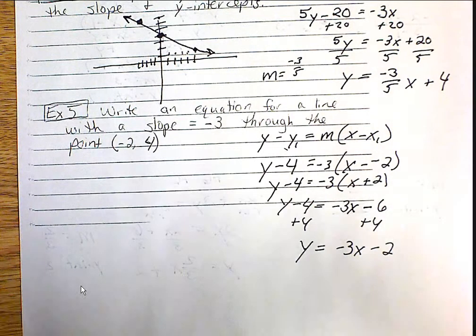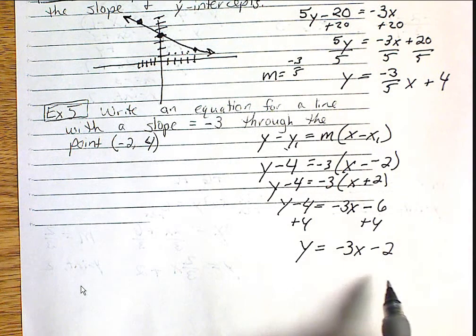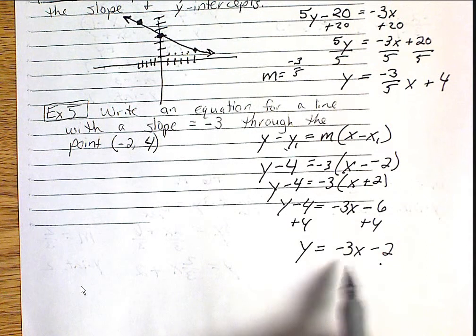Huh? What did you do? No, you did y equals negative 3x plus b. The x and y, and then you got b, and then you'll put it back in here. Yep, you always get the same.